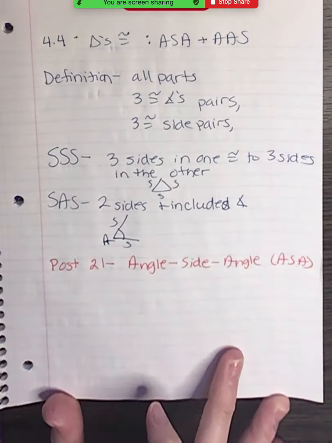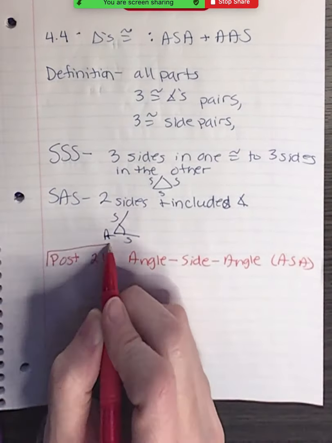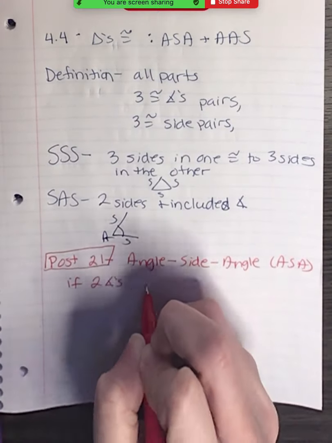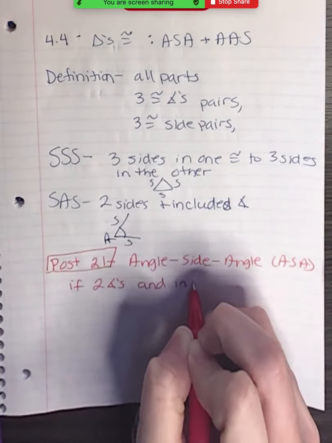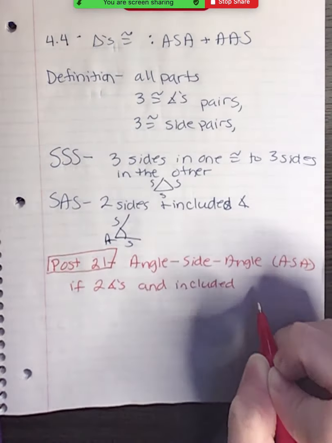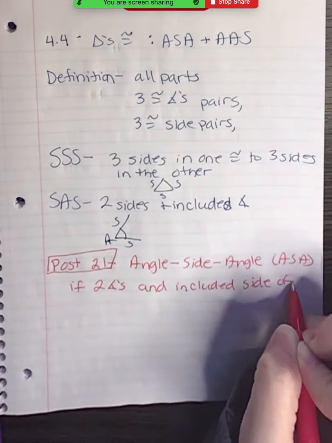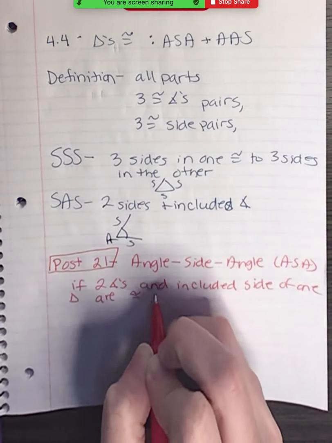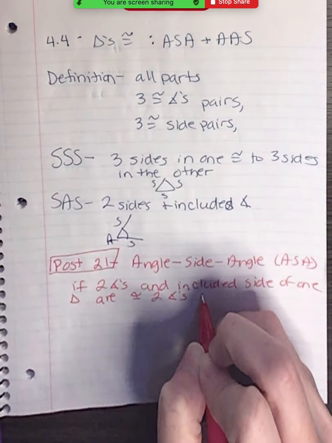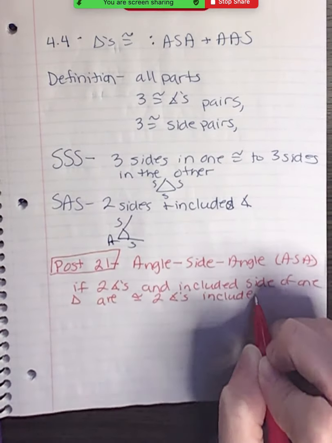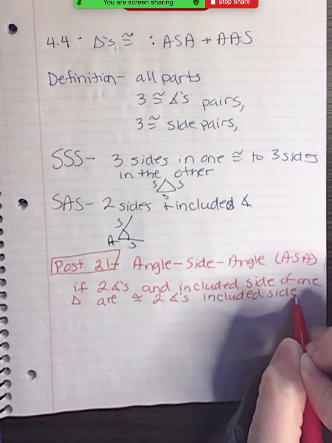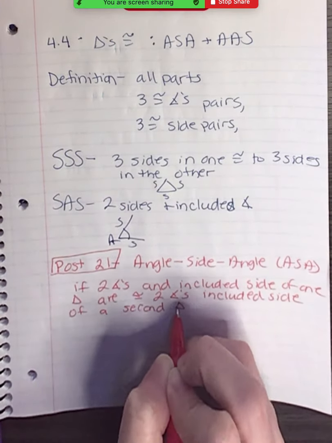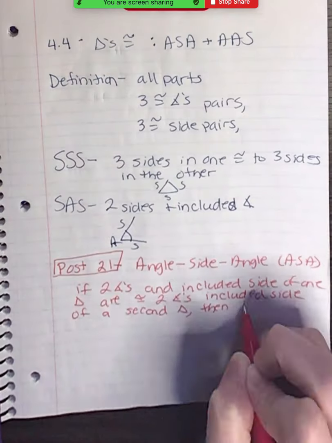And what it tells us is that if 2 angles and the included side of one triangle are congruent to 2 angles and the included side of a second triangle, then your triangles are congruent.